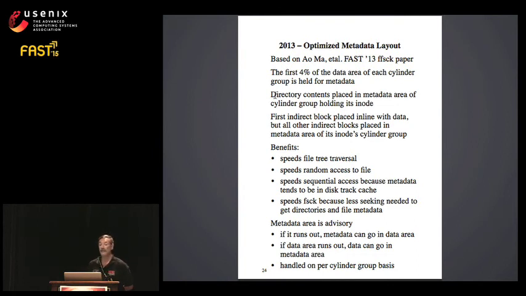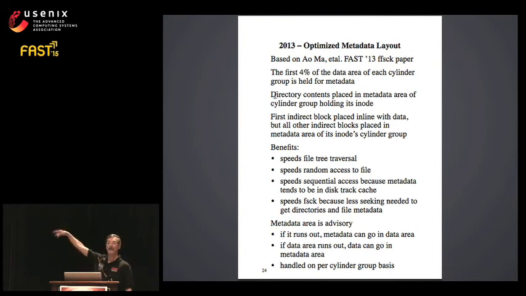So the benefits of this technique: it certainly speeds file tree traversal, because all the directories are in one place. You don't have to move very far to get them. It speeds random access to a file, because all of the indirect blocks for that file are in one place. So once you've read one of them, the disk cache conveniently also sucks in all the rest of them for you, typically.